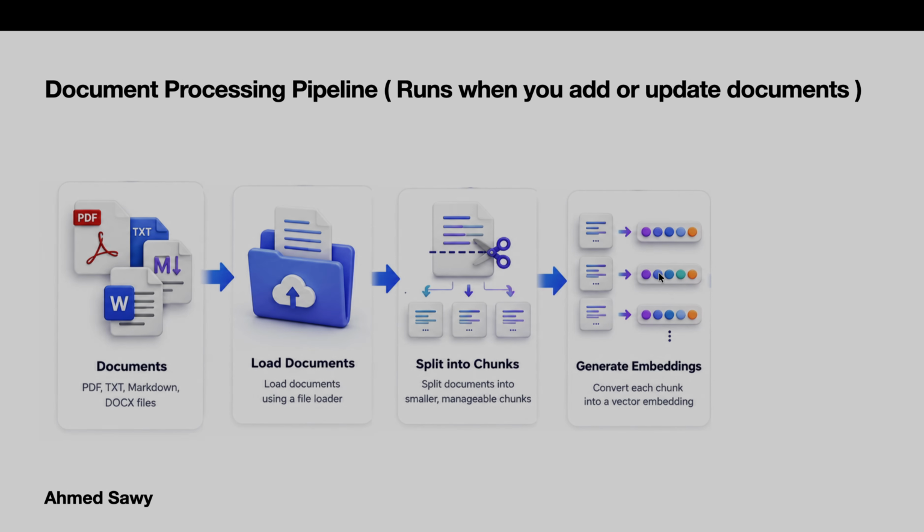Let's go to the second pipeline, the question answering pipeline. We run this every time the user asks a question. Here is the document processing pipeline. We have already explained it. The second pipeline is the question answering pipeline. The user defines a question to our RAG app.